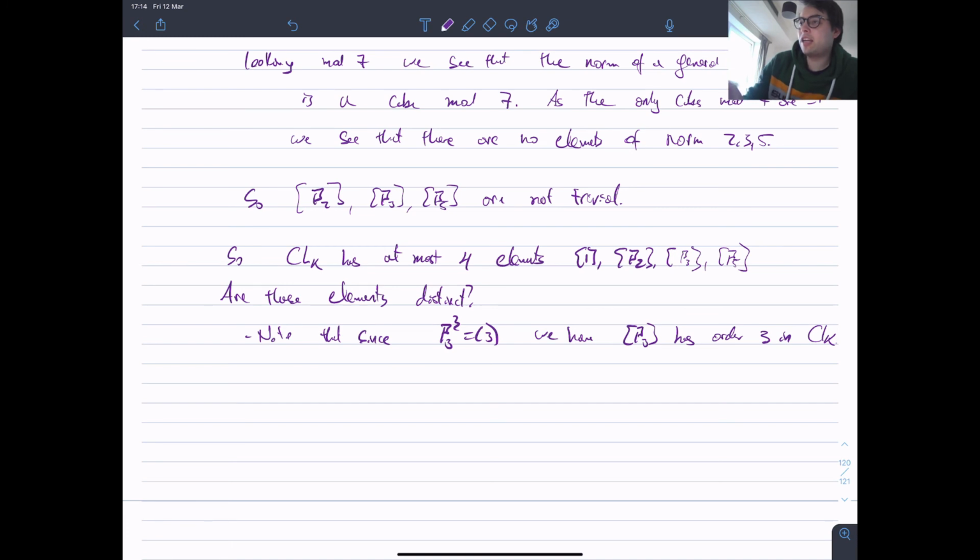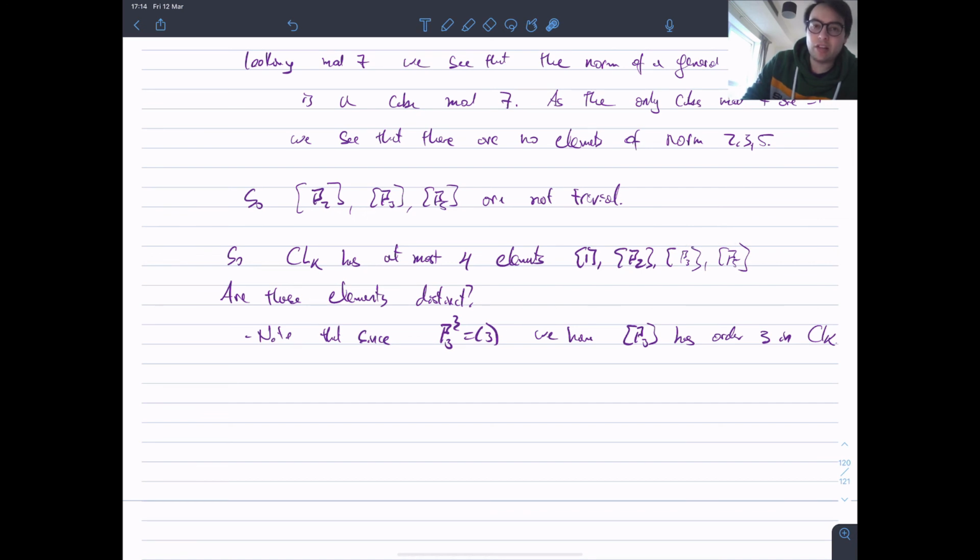And here's a trick. To figure out if any of these two things are the same, you maybe want to look for elements of small norm. This has norm 2, this has norm 3, this has norm 5.